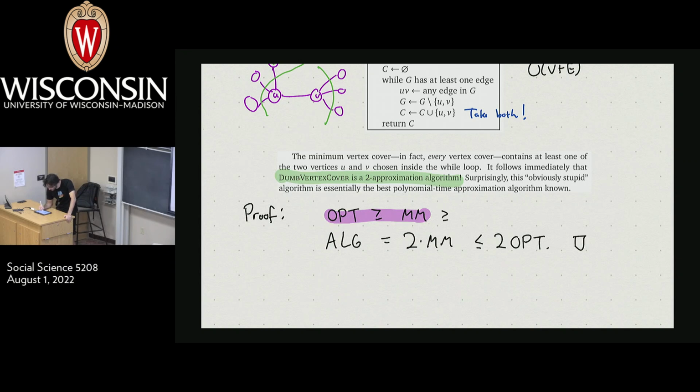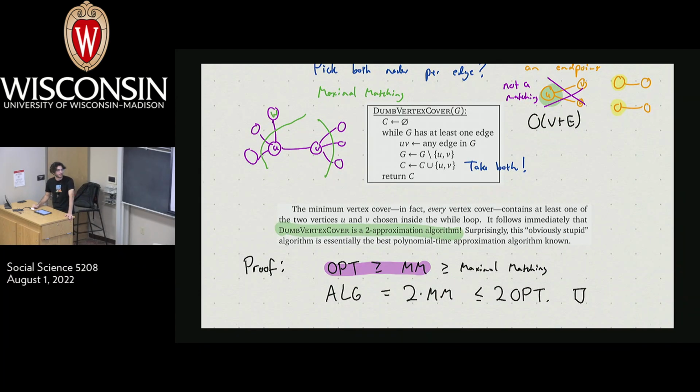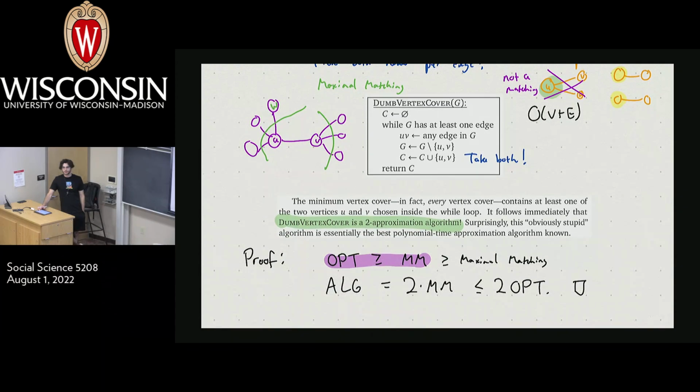So this is at most a maximal matching. So this is picking a maximal matching, which is at most a maximum matching, which is at most opt, which is really confusing, which is why I kind of just skipped over it. But then the approximation value would be bigger. Nope, it's always 2.